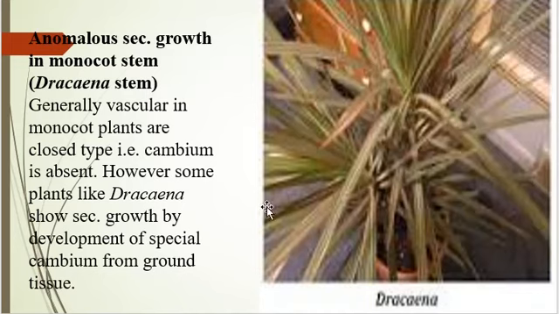So, in case of Dracaena, a special type of cambium from ground tissues is developed. That is the main character regarding the anomalous secondary growth.